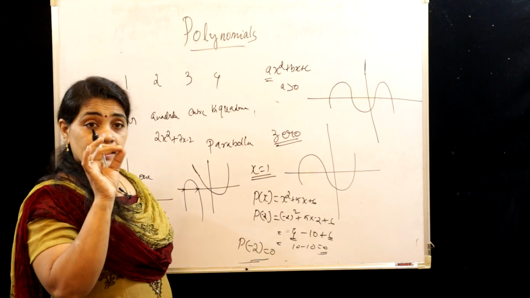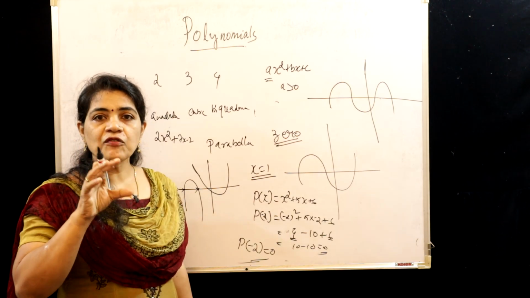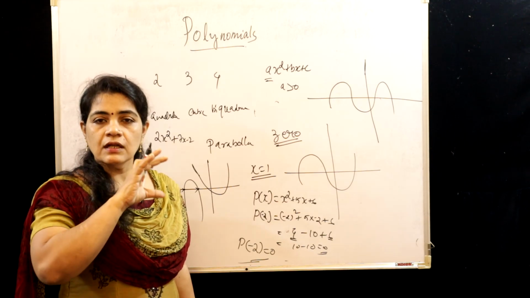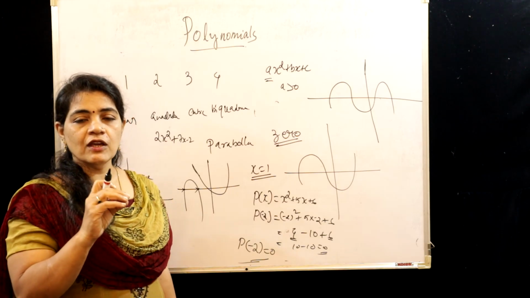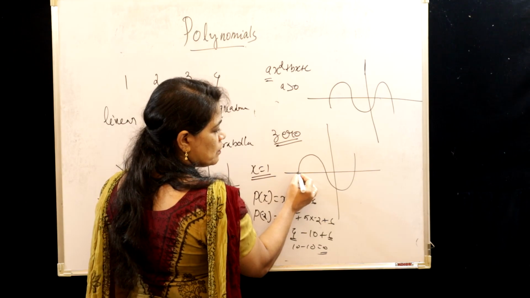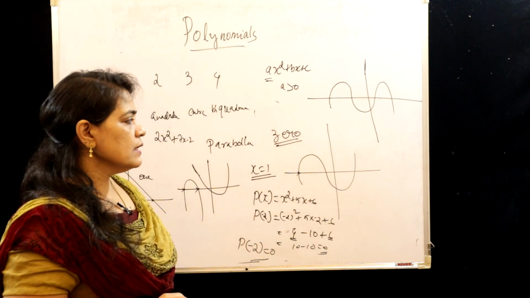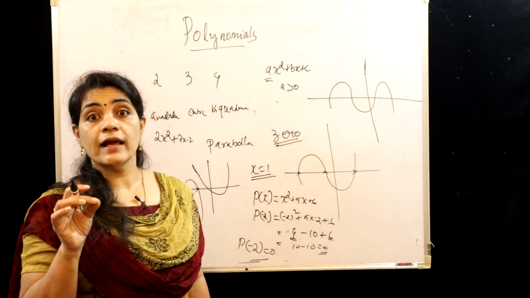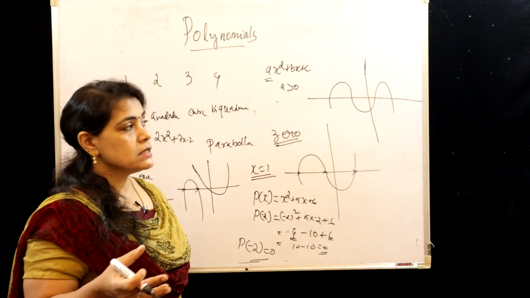The places where that graph intersects the x-axis will give you the zeros of the polynomial. In order to get the number of zeros, here for cubic 1, 2, 3, so a cubic polynomial has 3 zeros, maximum 3 zeros.